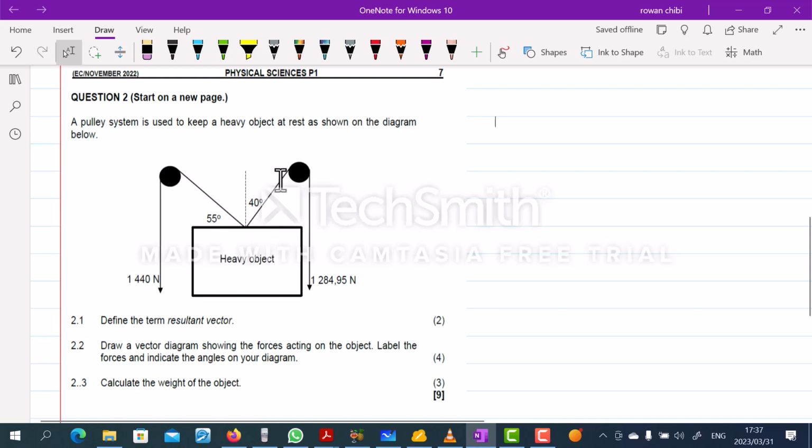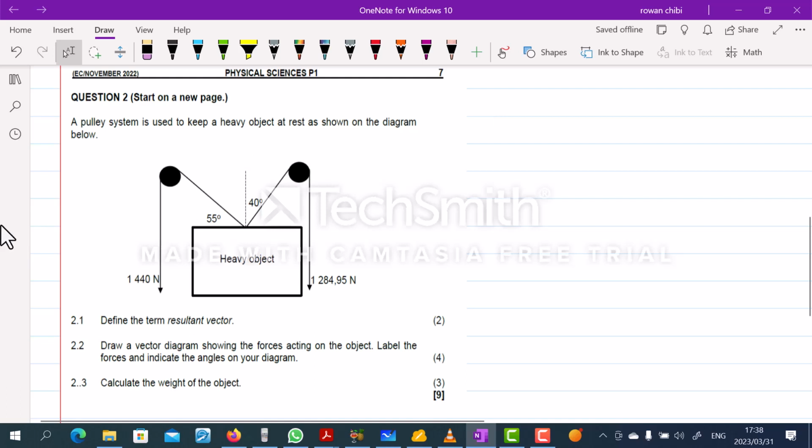There is another vector on the right, which is 1284.95 newtons. And then there are angles between, as you can see, the heavy object. The vector on the left, the angle between is 55 degrees. And then between the normal and the second vector, you have another angle which is 40 degrees.